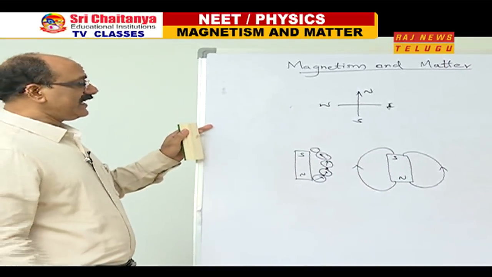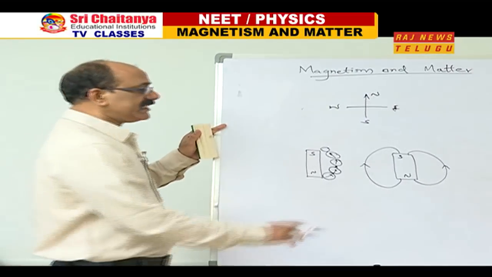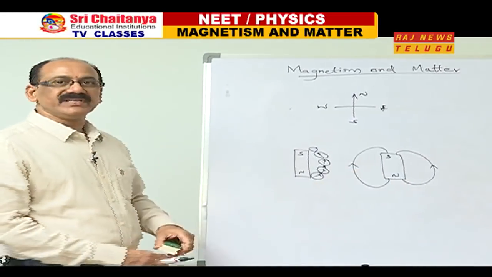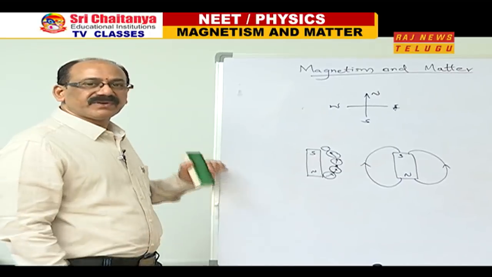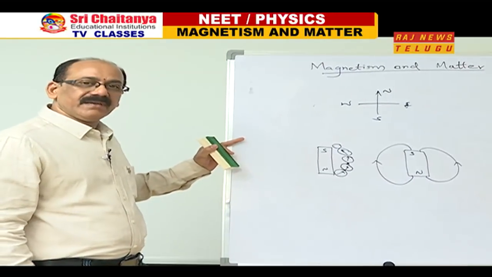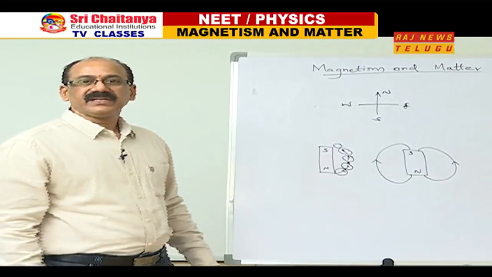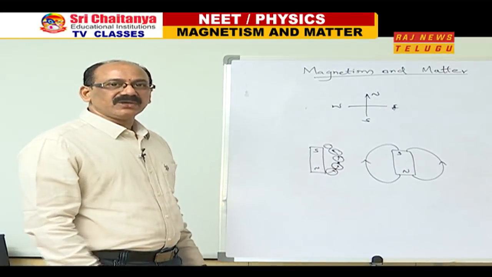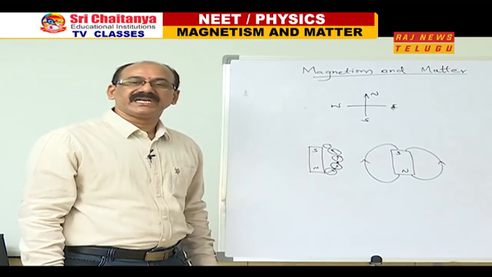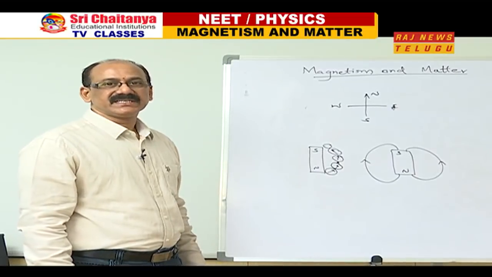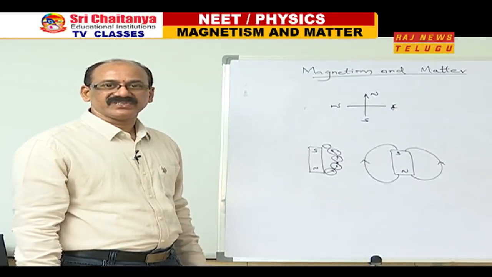But here we should understand one thing: earlier I told you about Ewing's theory of molecular magnetism. From that, whether a magnetic substance is magnetized or not, every molecule of it is a magnet, and these molecules happen to be randomly oriented in an unmagnetized substance like a piece of iron that we see.